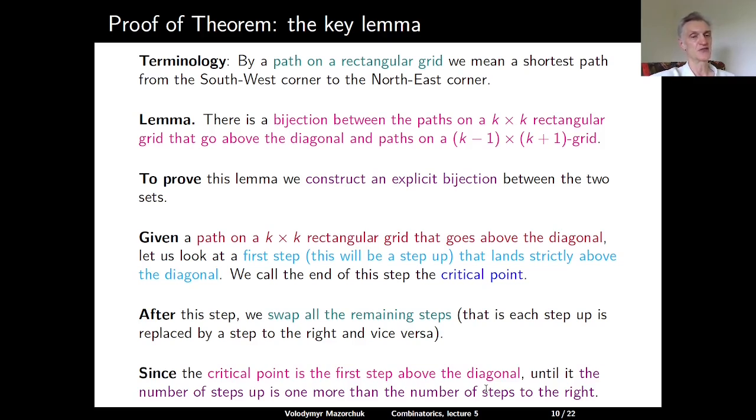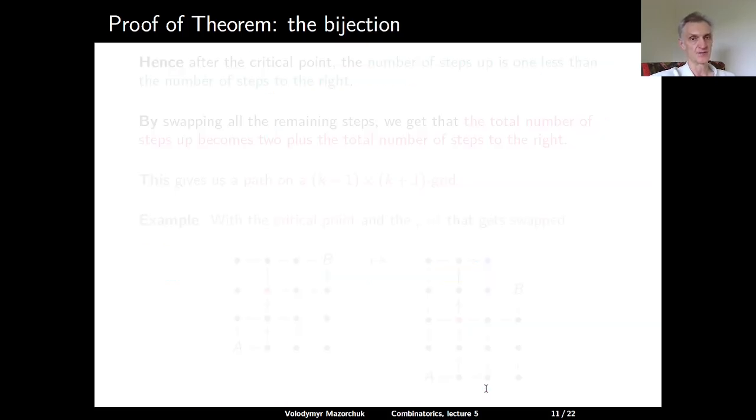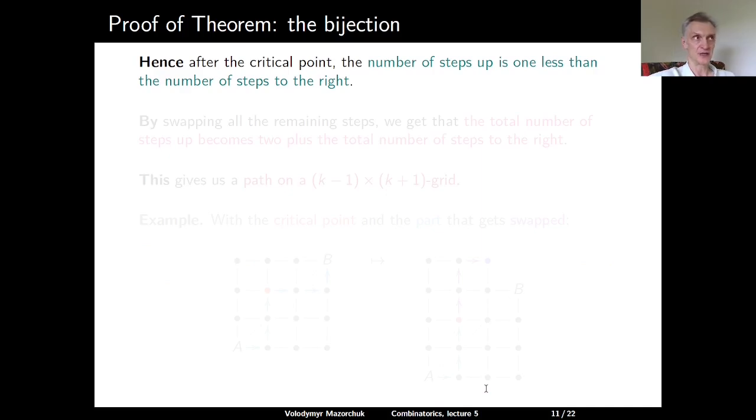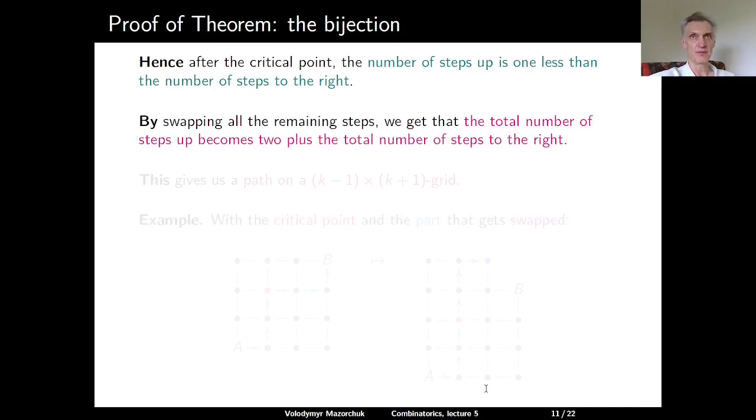So until this point, the number of steps up is one more than the number of steps to the right. So after this point, in the normal case, the number of steps up is 1 less than the number of steps to the right. But we swap them, so we replace each step up by step to the right and vice versa.